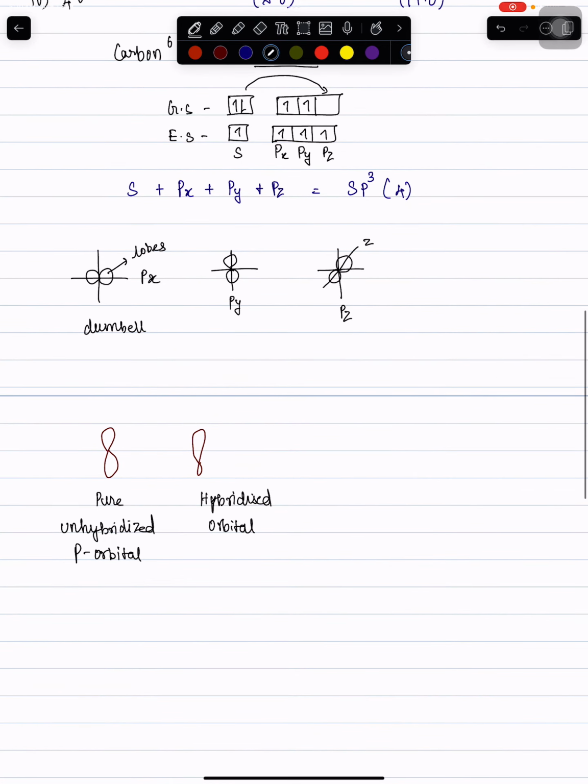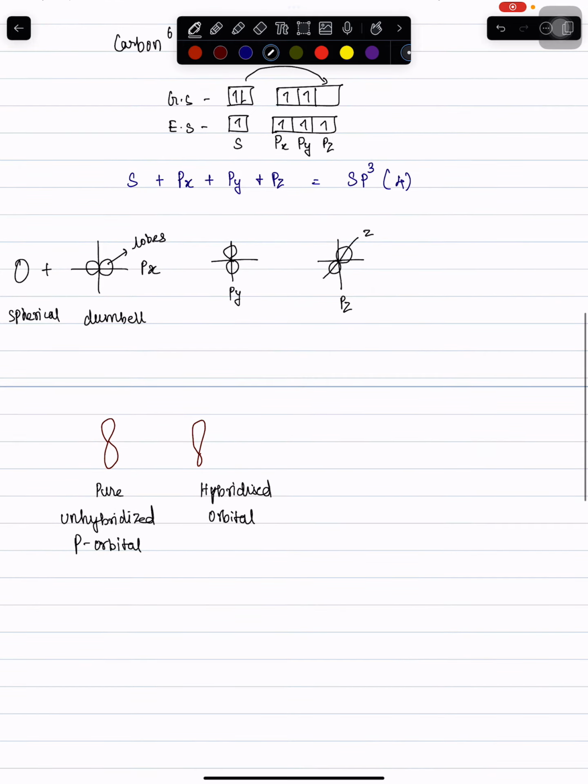Now one s orbital is a spherical shape. So totally all this combines to give 4 equivalent sp3 orbitals. These are the 4 equivalent sp3 orbitals.